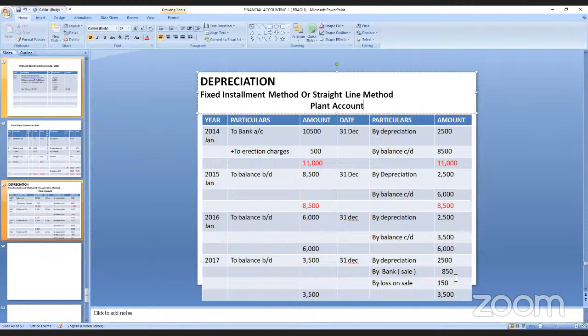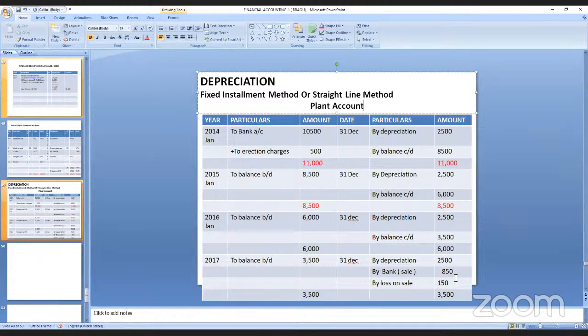It is 850. So 10,850 is the amount you have got. 11,000 is the cost of your machine, and you have paid depreciation for 4 years, 2,500 into 4, which is 10,000.